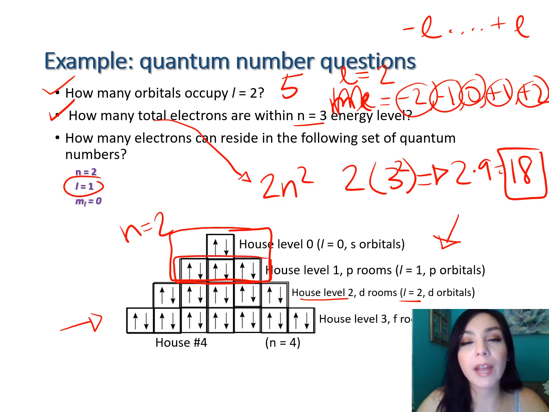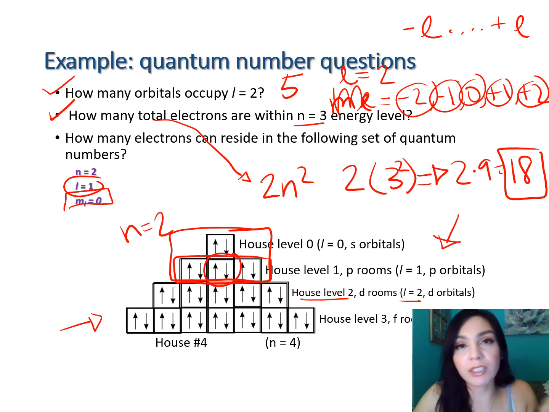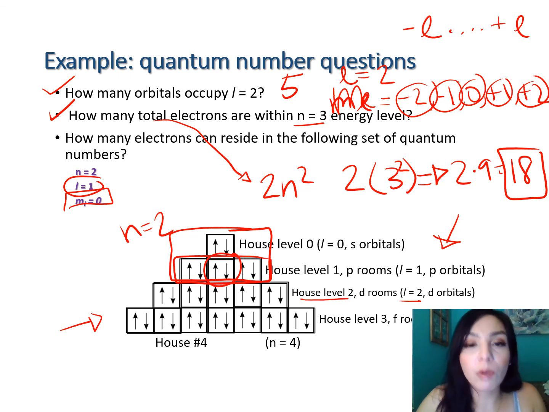Remember, the address gets more specific as you go down the quantum numbers. And then ML equals 0, so specifically we're just looking at one of the 3 rooms. Let's say this one is 0, like that's the label outside of the room. So we're just looking at one orbital, and one orbital can fit 2 electrons.